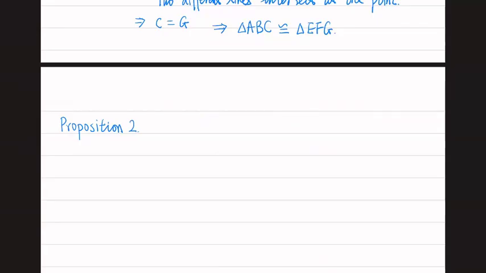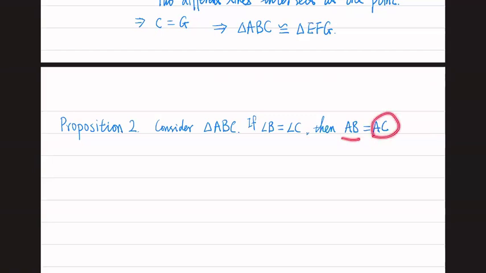If we have equal angles, that implies, again, that the two sides have the same length.